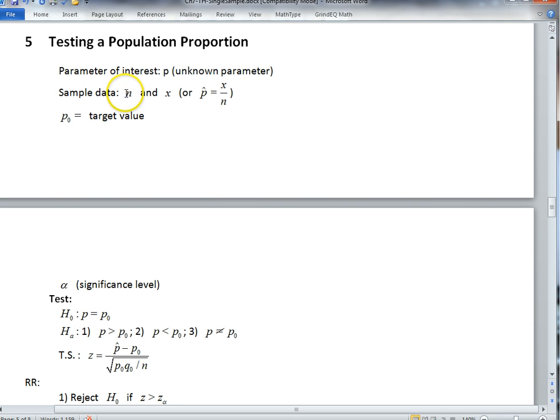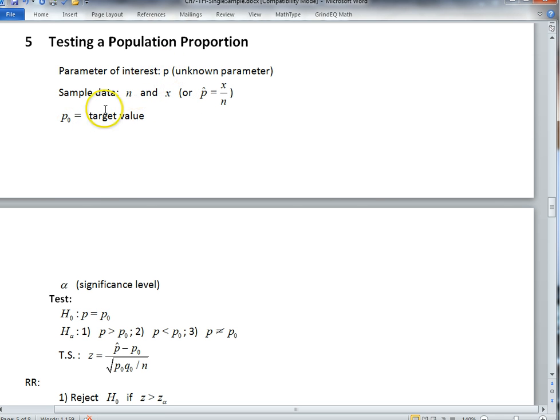Basically our data is n, the sample size, how many measurements we collect, and x is the number of successes, and if we take x over n we get p hat, which is the proportion of successes, and that's usually our estimate of p.